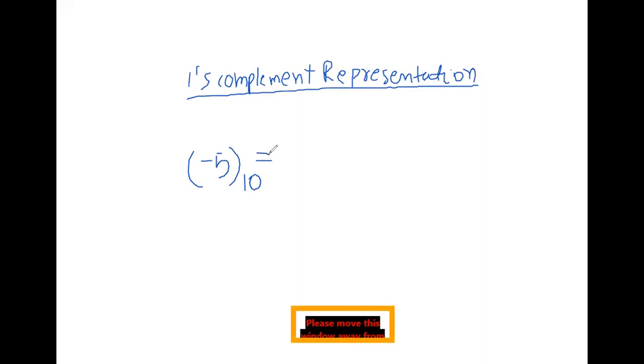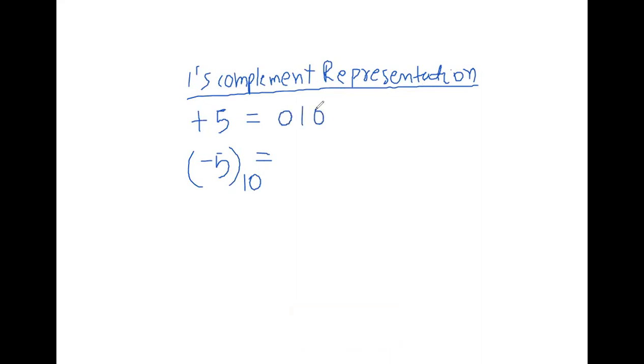So what would be your answer? First of all, you need to write +5. You have to apply the same rule as signed magnitude. +5 means it is 0101.